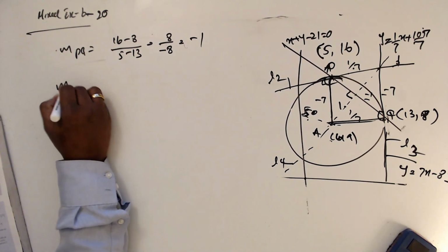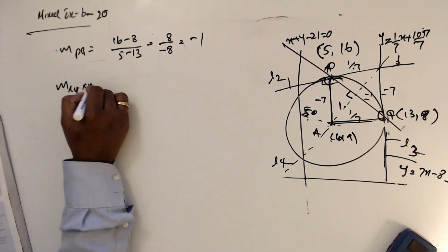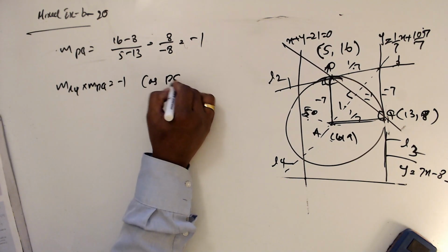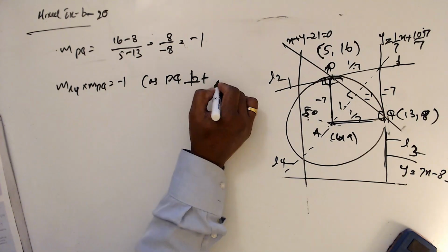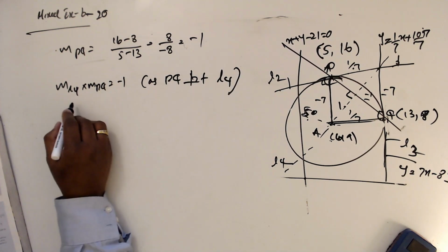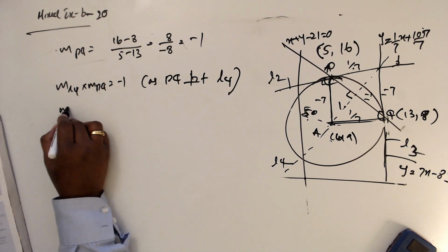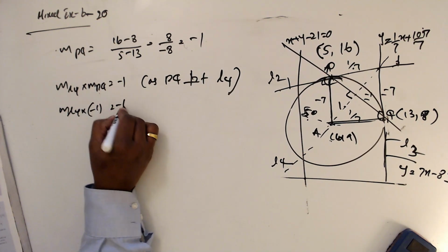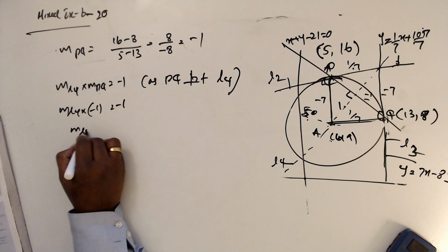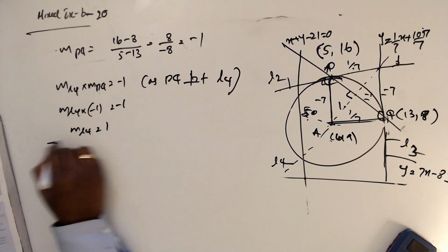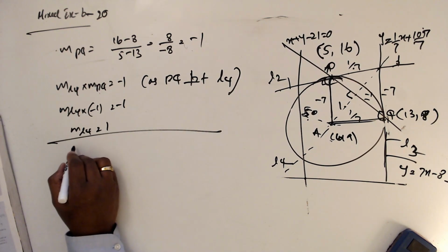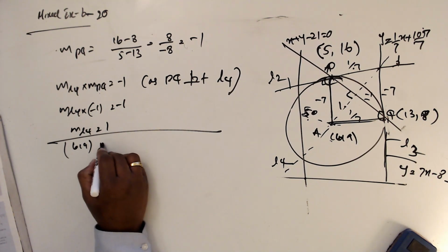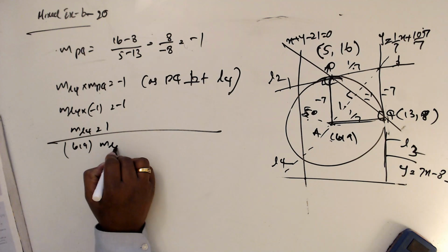M L4 times M PQ is minus 1, as PQ is perpendicular to L4. So M L4 equals 1. Now we have a point (6, 9), which is the center, and the gradient M L4 is 1.